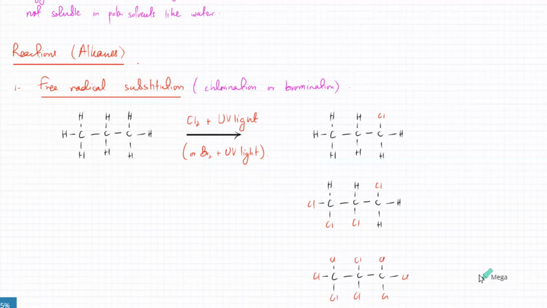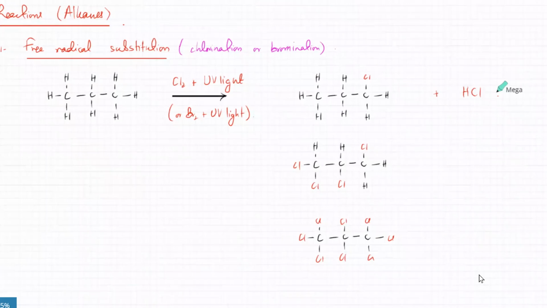So you get Cl everywhere. So that is free radical substitution, and the other byproduct of the reaction is an HCl molecule that is produced.